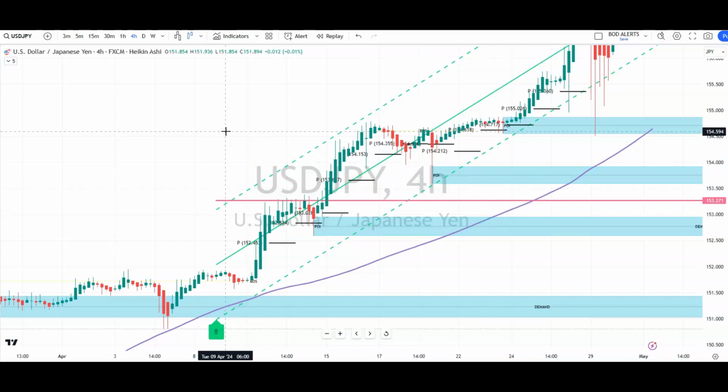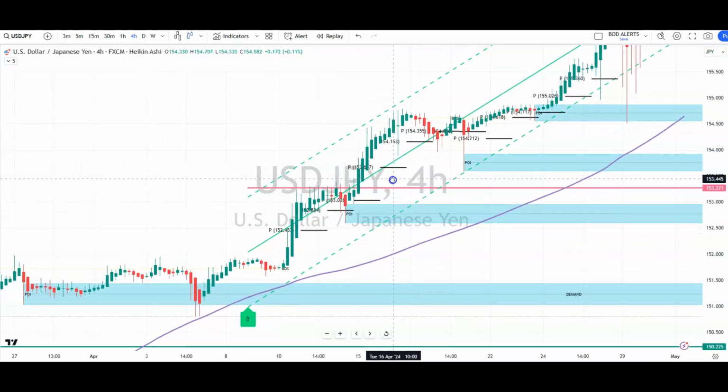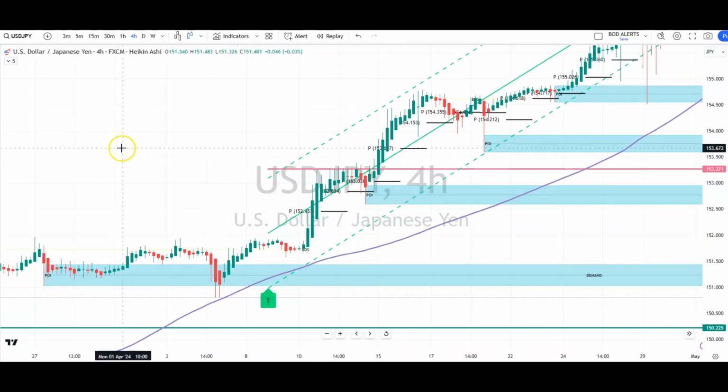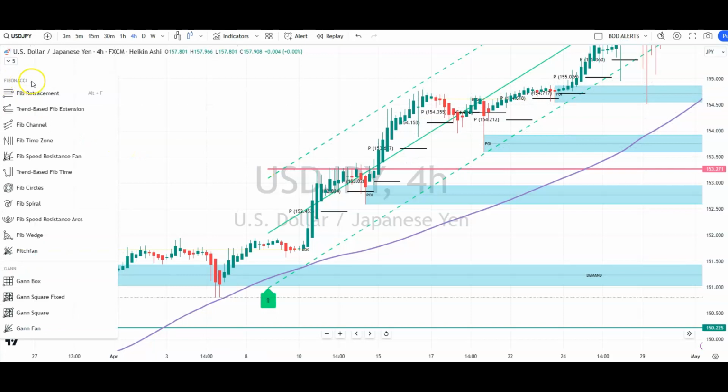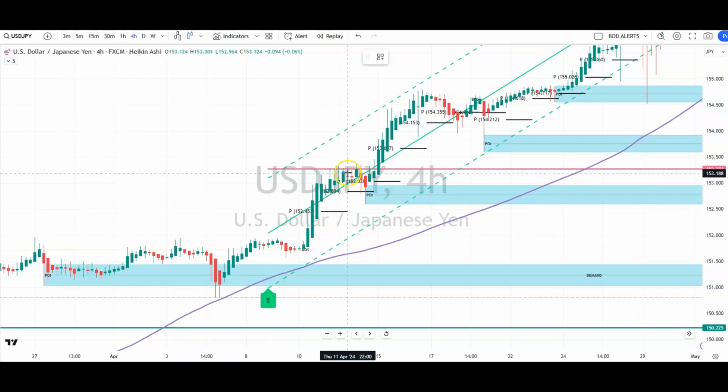So once we know that number, in this case it's 153.27, we can safely say that any price that breaks above that break of structure here is likely to go much higher. So what we do in order to calculate the target, grab your trend-based fib extension and just grab it from the previous low.